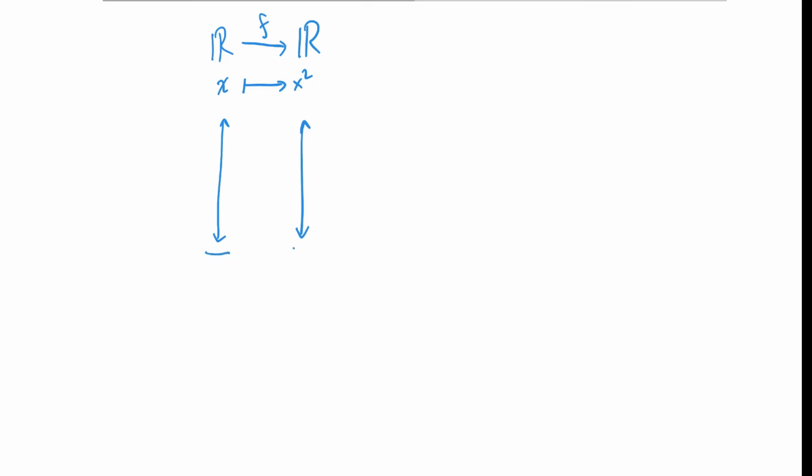This is my domain, this is my codomain. Now, the domain is all of this. What is the image of f? So if I applied f to every single real number, what would I get? Well, the smallest such real number I'd get would be 0, and then I'd get every positive real afterwards.